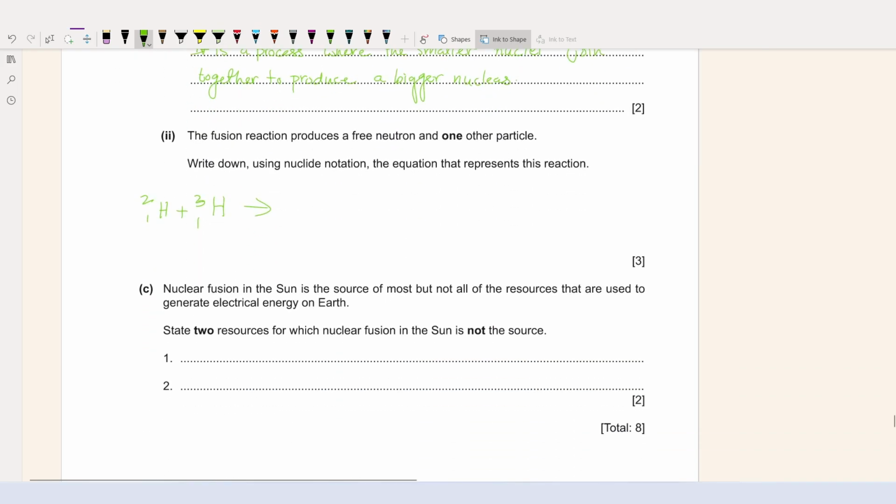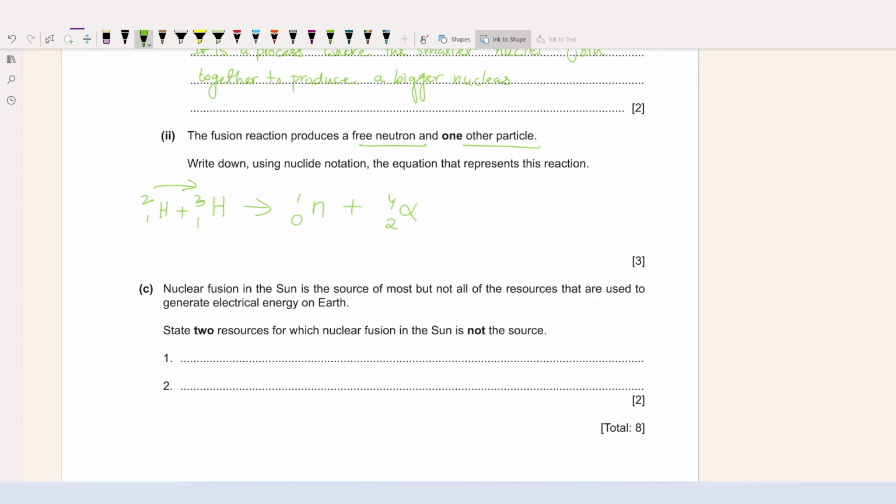Now they say that a free neutron and one other particle is released. So this will become 1 0 for neutron plus one other particle. We can see 3 plus 2 is 5, 5 minus 1 is 4, and 1 plus 1 equals 2, which will be 2, and this represents alpha or helium. We can write alpha or helium, anything we can write.